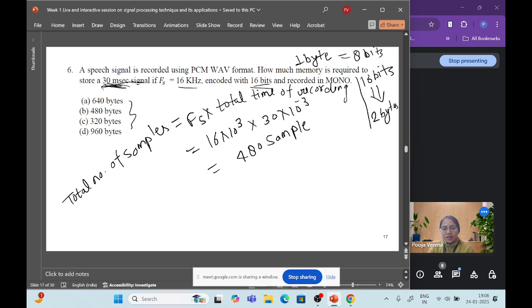So they are telling that it is encoded with 16 bits or 2 bytes.